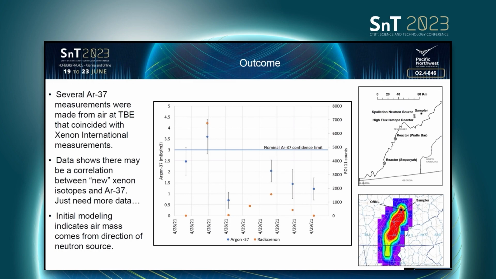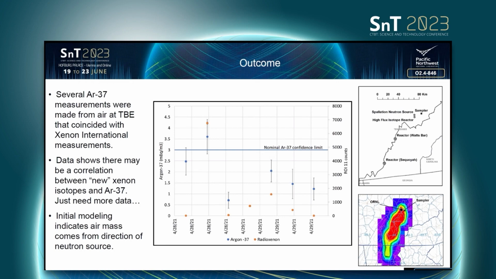And I don't have uncertainty bars for those because it's just counts in there, just to see if we have the same spectra. And then the blue hits are the argon-37 measurements. And you can kind of see a plume of the xenon that came over, and we're missing an argon, unfortunately. One of the argon points, that sample didn't make it into the system. But yeah, maybe there's a correlation.